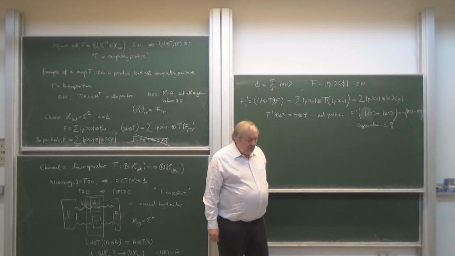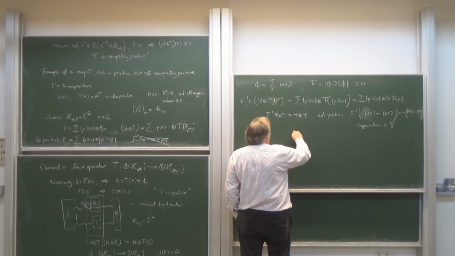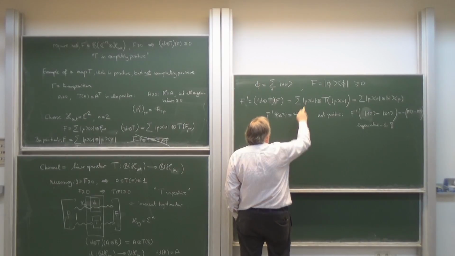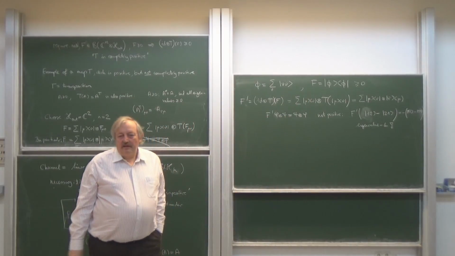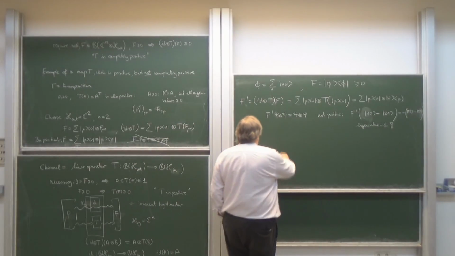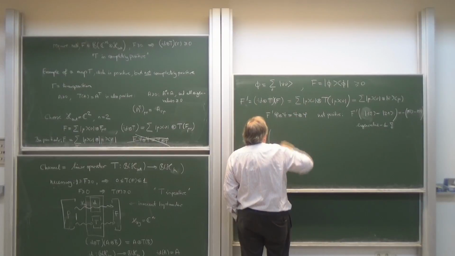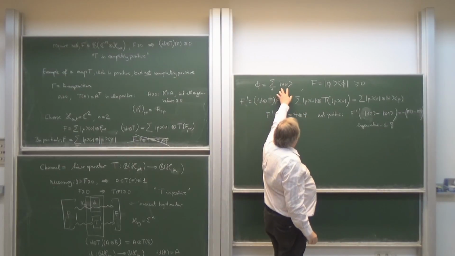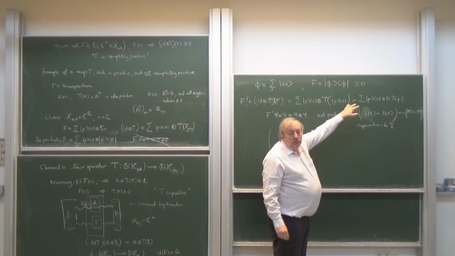Actually, this F can be written as a block matrix, and let me just do that because it's kind of instructive. So if you write this as a block matrix, so the vector has a component on 1, 1 and 2, 2.